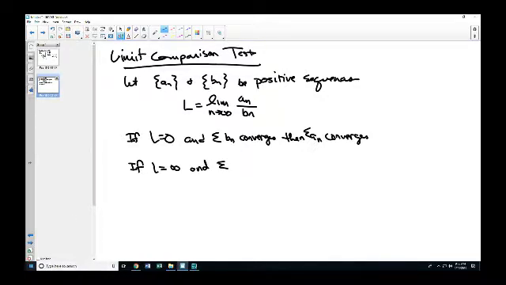Because the limit is infinite. So if a sub n converges, then b sub n converges as well. That's telling you a sub n is bigger because the limit is infinite. So if a sub n is bigger and converges, b sub n has to converge as well, right? Okay, so those are two statements.